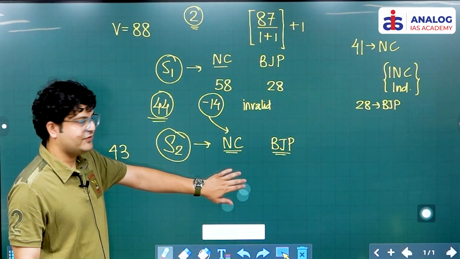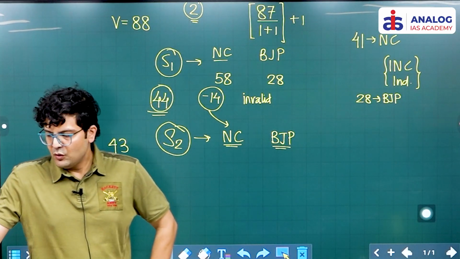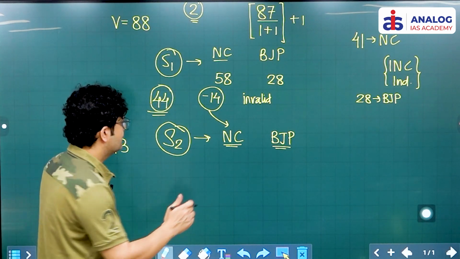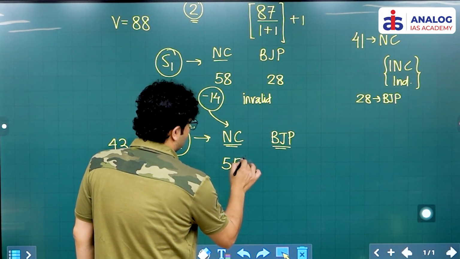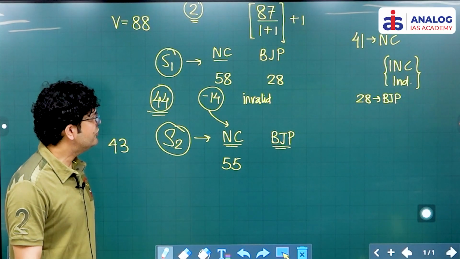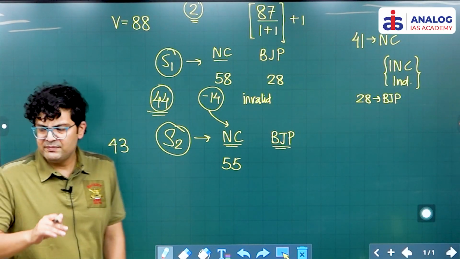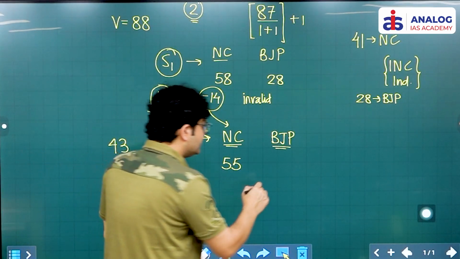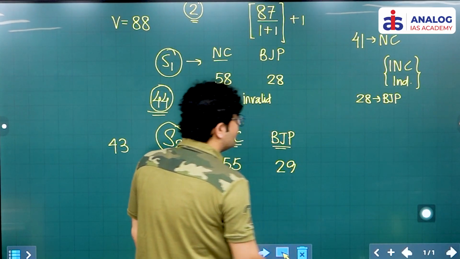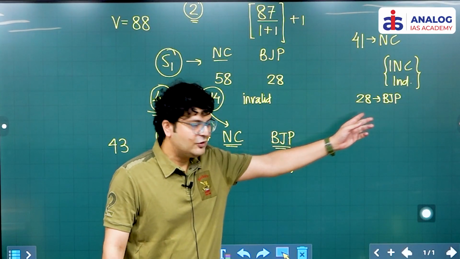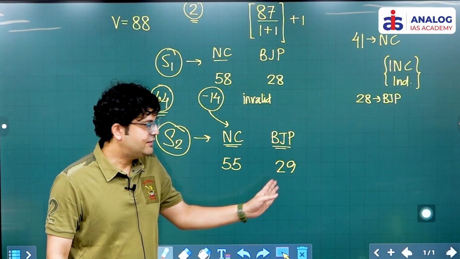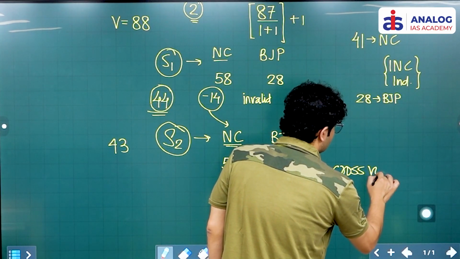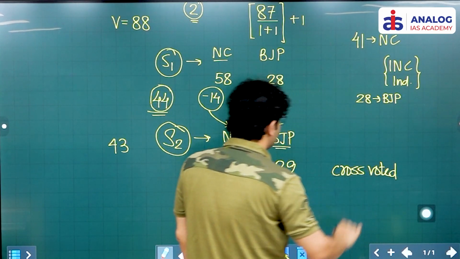Now the mystery starts. In this case, one S. Kichlu got 55 votes. That's a cause of concern, because BJP maintained its 28 votes, yet surprisingly BJP got 29 votes. 28 MLAs, 29 votes. This meant somebody had cross-voted in favor of the BJP candidate.